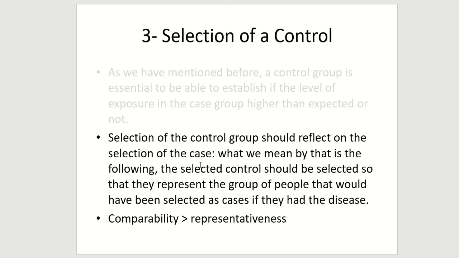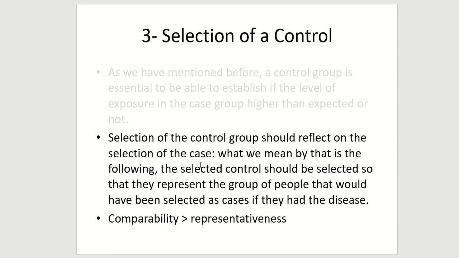Okay, meaning you have to make sure that the controls represent as much as possible what would have been a case, and expect that they are not cases. I can't go get my cases in a private clinic that is very expensive, where only people with high, say private, insurance can get in.